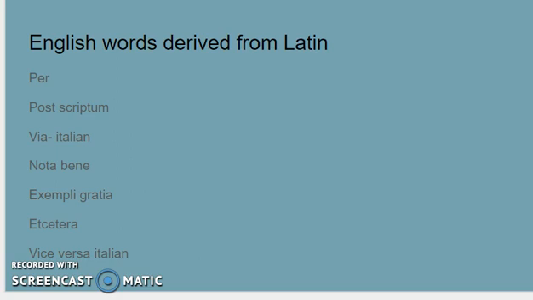Exempli gratia is EG, so when you go to make an example for someone, you put EG. And then etc., which means on and on and on. And then vice versa, so you say one thing went this way and vice versa. So it went the other way too.